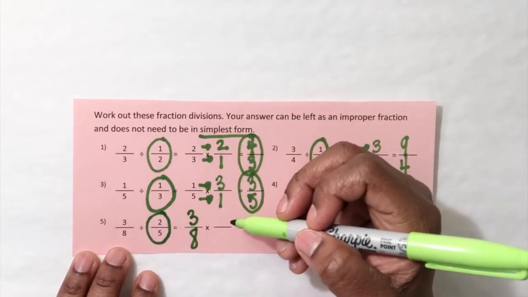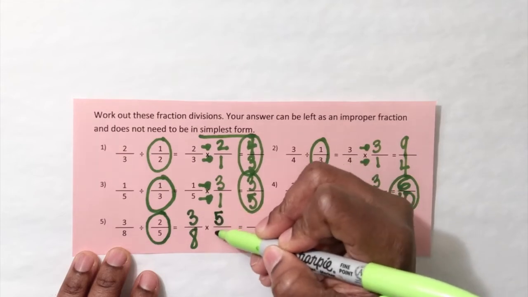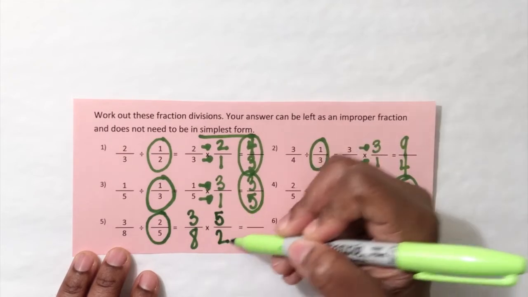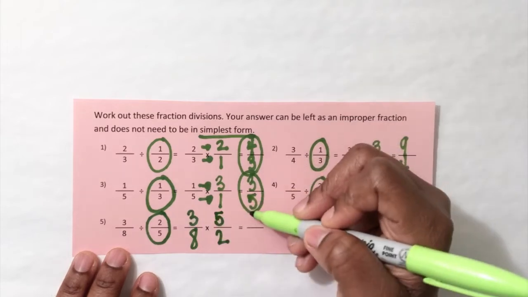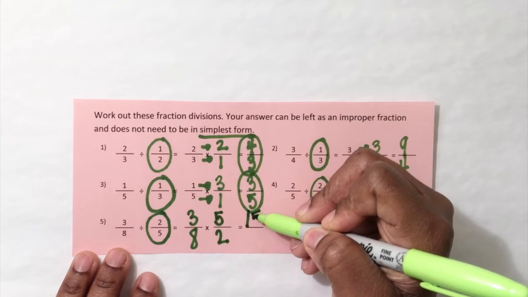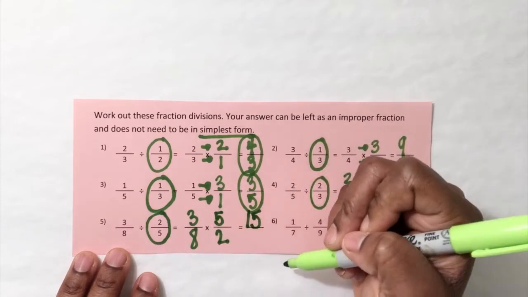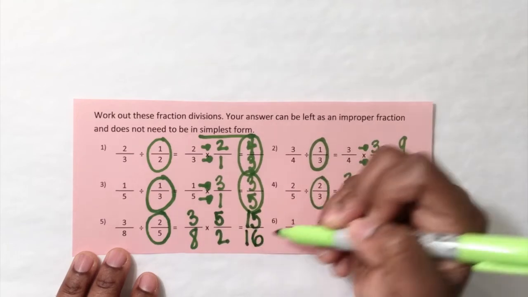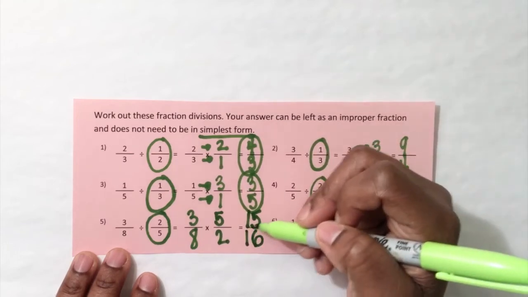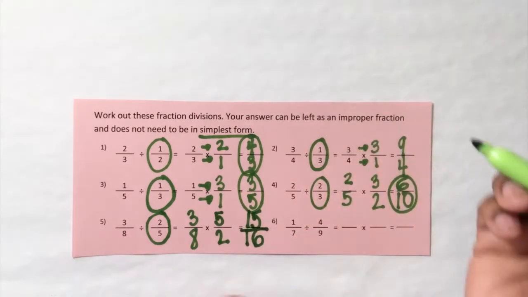What is the reciprocal of 2/5? 5/2. 3 times 5 is 15. 8 times 2 is 16. So our final answer is 15/16.